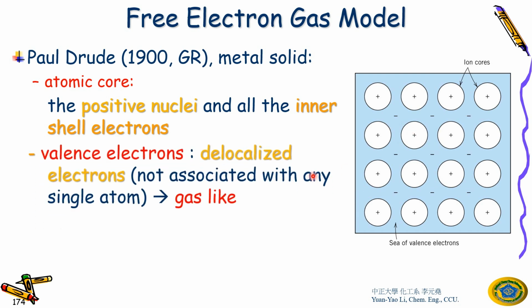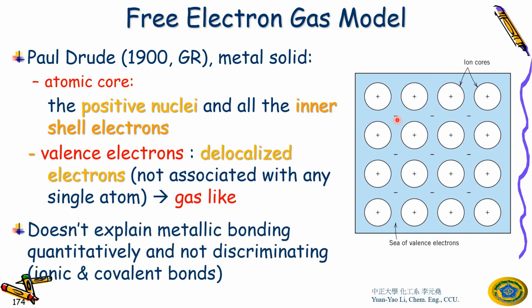And the valence electrons are delocalized. So these outside electrons are not quite bound by the nuclei. So it looks gas-like.